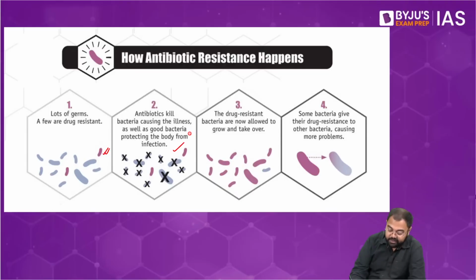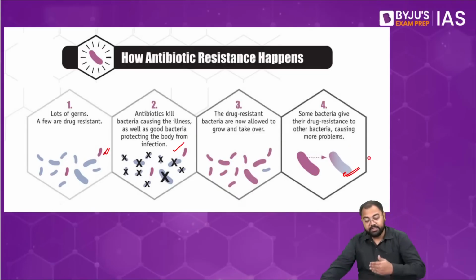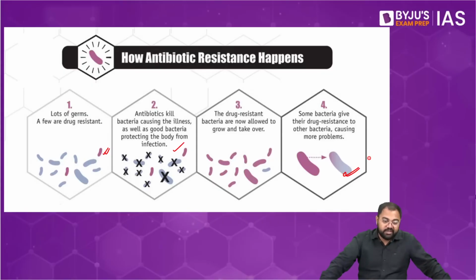At the same time, their property of being drug resistant will keep on transferring to other pathogens as well. So that is what happens in a typical case of drug resistance, and how the number of these pathogens keeps on increasing. That kind of scenario then becomes very dangerous.